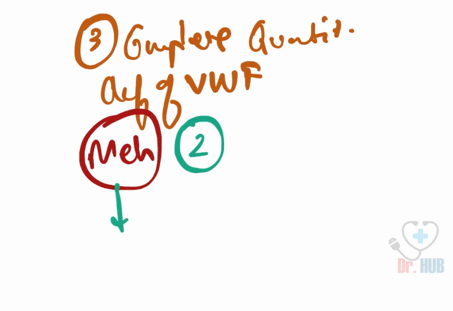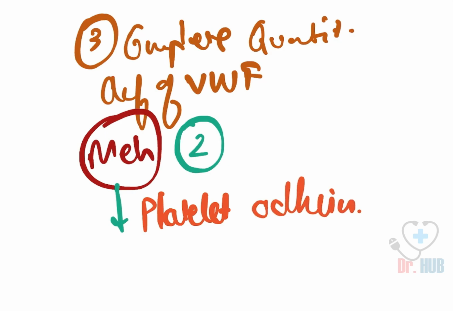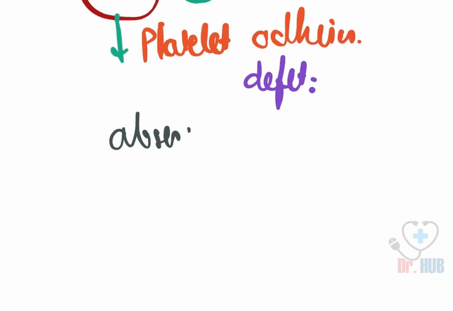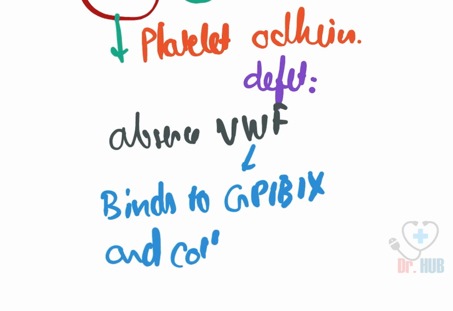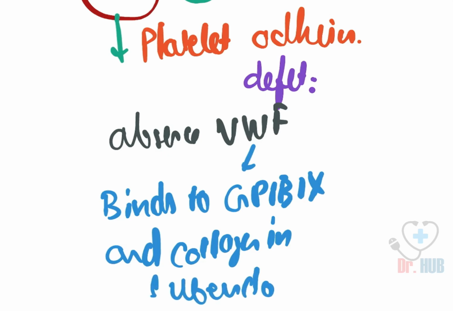Looking at one, there's a platelet adhesion defect, and this is due to the absence of the von Willebrand factor, which usually binds to the GP1B and the collagen in the subendothelium.